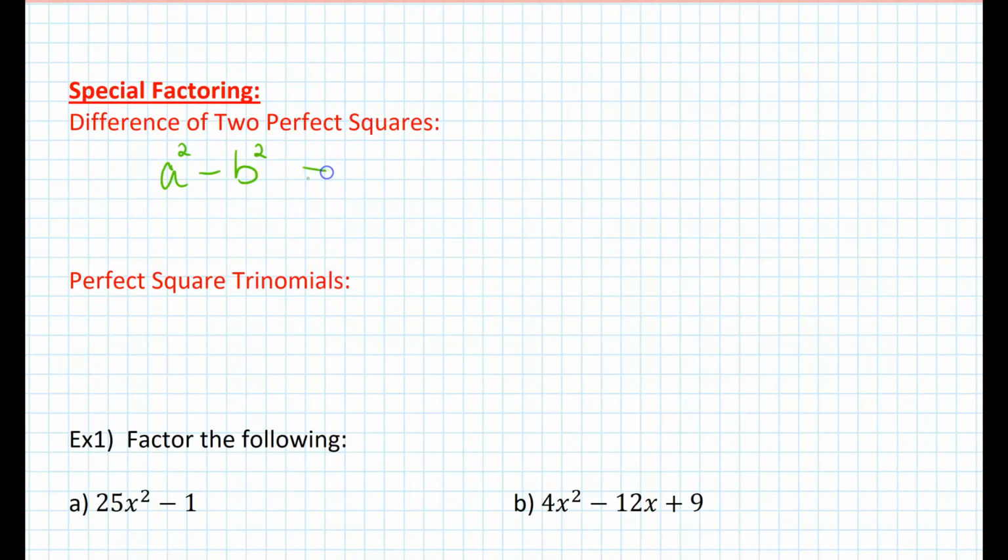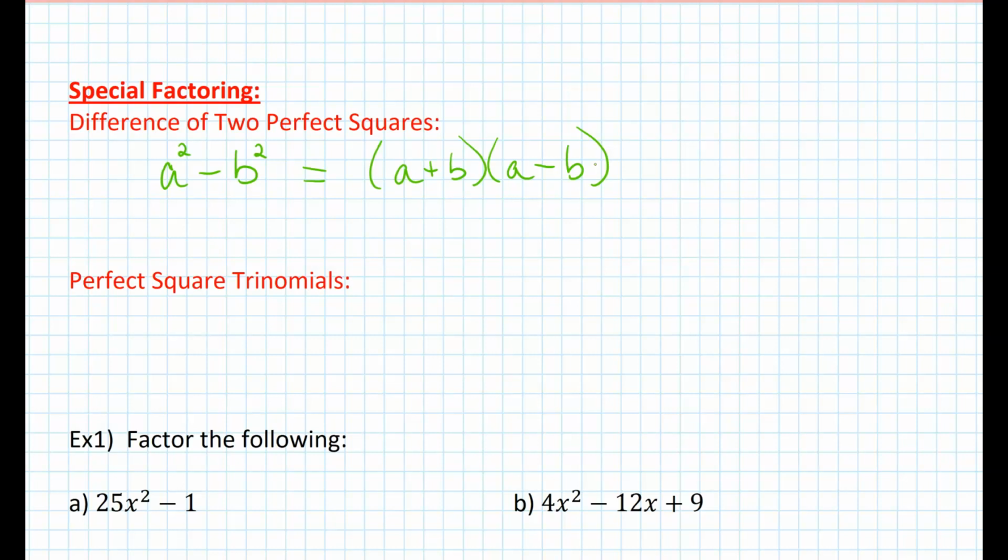And what happens is it factors into a plus b times a minus b. So what's happening when we're factoring? Well, we are undoing the multiplication.